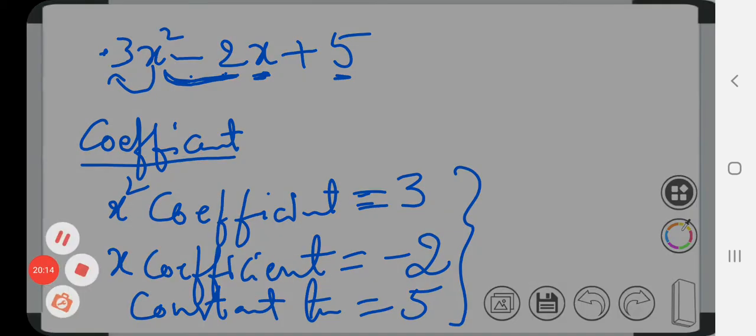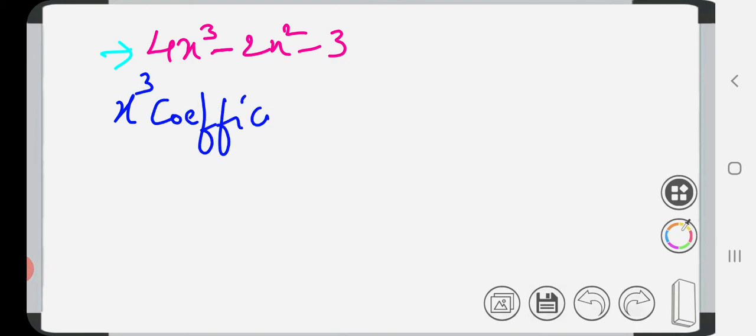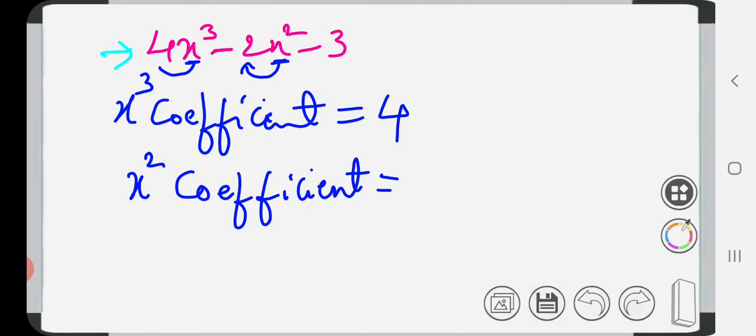Consider the other example. If you consider 4x cube minus 2x square minus 3, here the x cube coefficient becomes 4, and the x square coefficient is minus 2, that is 2 with a minus symbol. And what is the x coefficient?